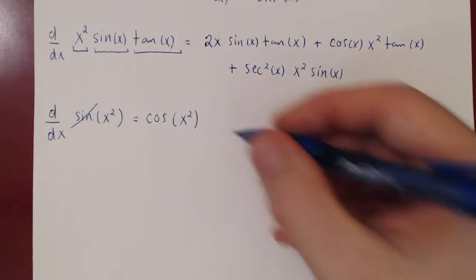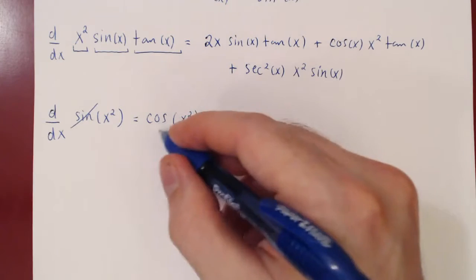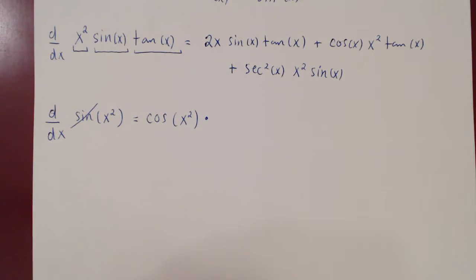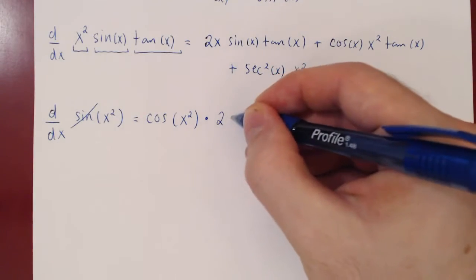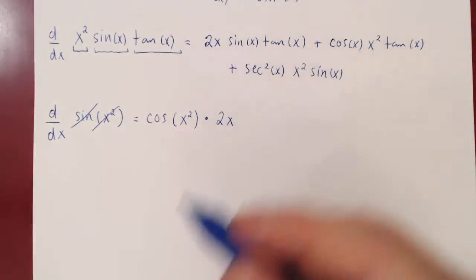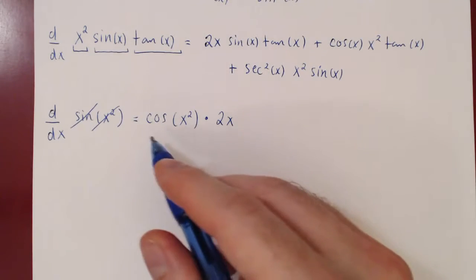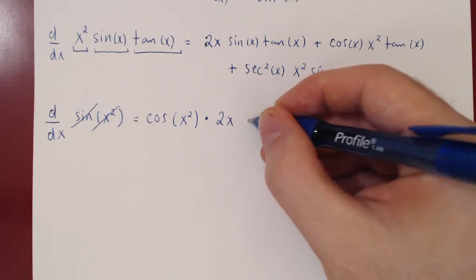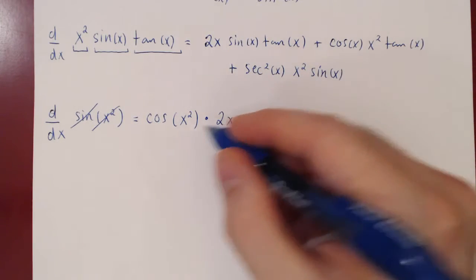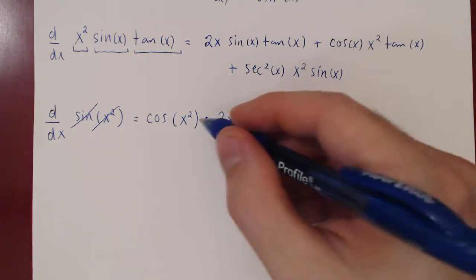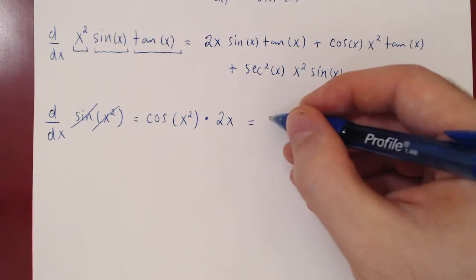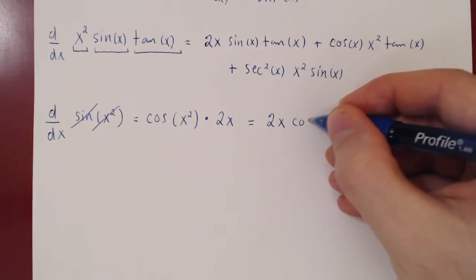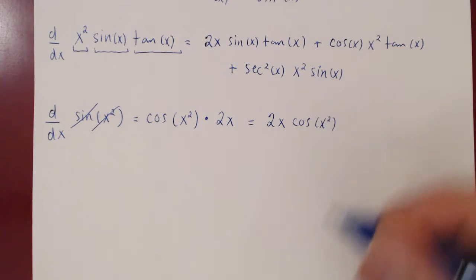So the chain rule says we have to multiply whatever we have thus far by the derivative of the leftover function. The derivative of x squared is just 2x. We differentiate, we cross off. Nothing's left over, so the derivative of sine of x squared is 2x cos of x squared. And because usually, when we have a product of several terms, we write the simplest terms first, and then later the more complicated one, 2x cos of x squared.